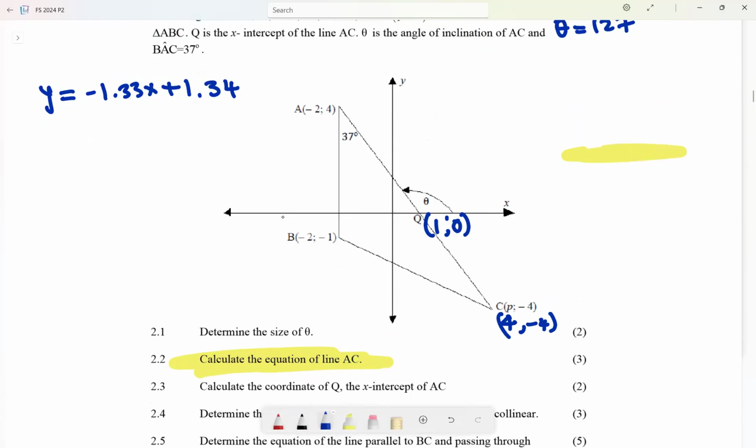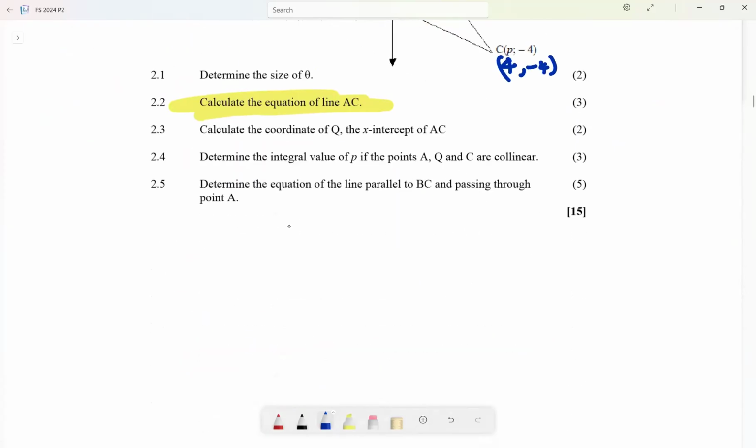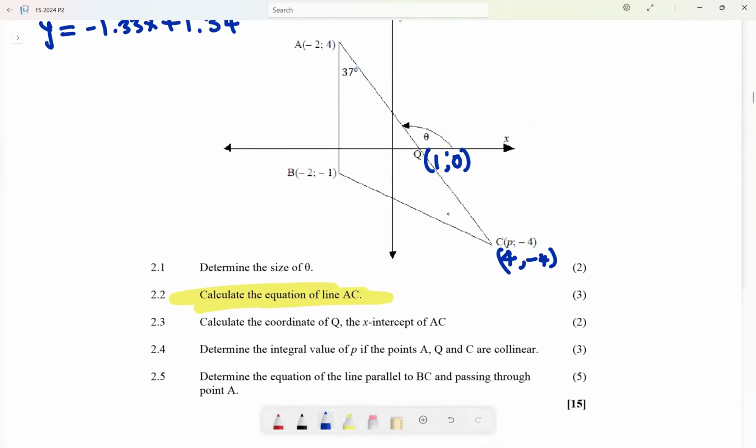Okay, remember this is the equation of AC. So, what do they say to me? They say to me now, determine the equation of a line parallel to BC. Where is BC? Can you see? They say that line is parallel to BC. Let me draw BC nicely.